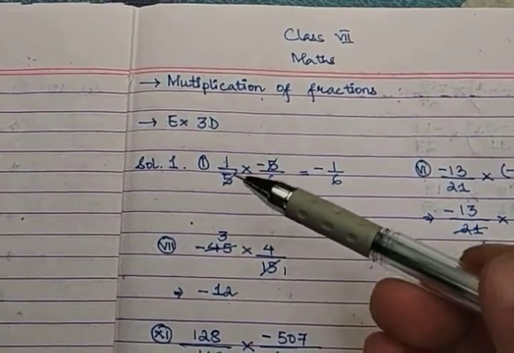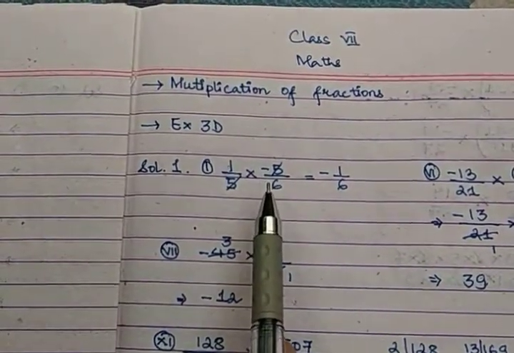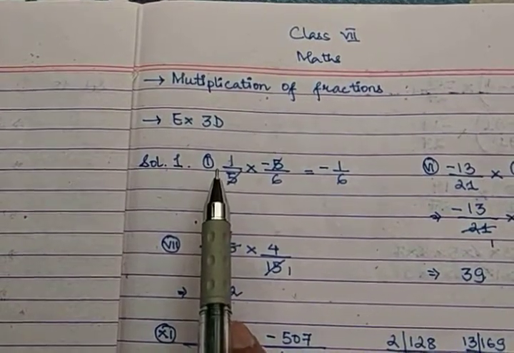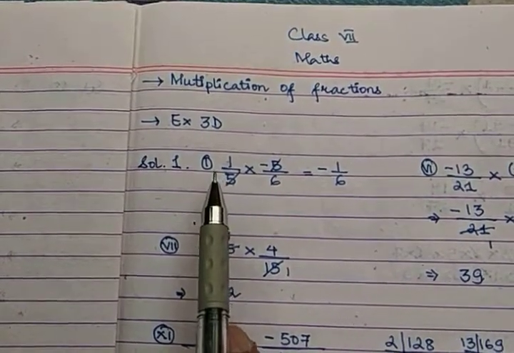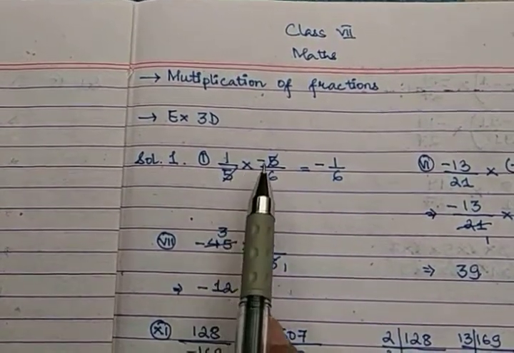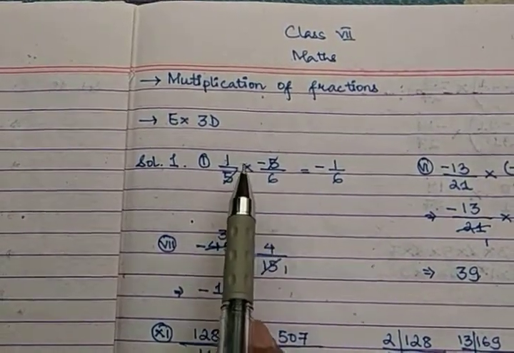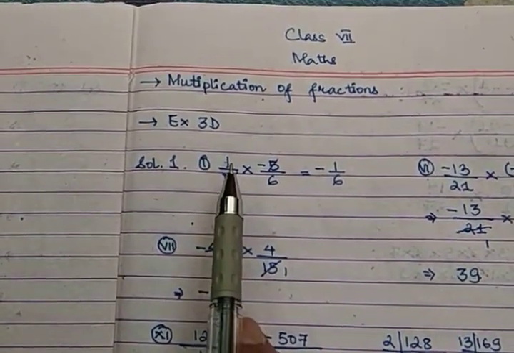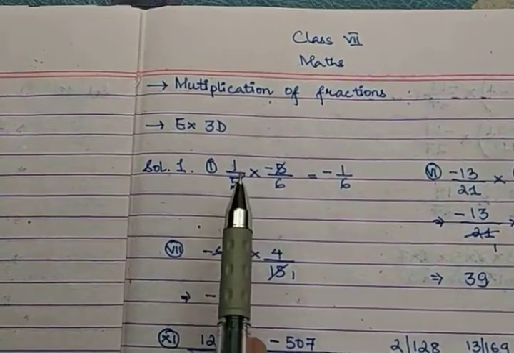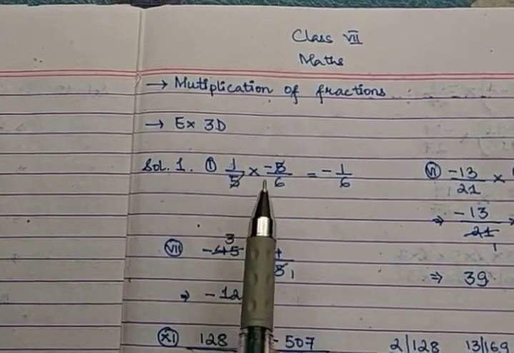As soon as all the cancellation processes are finished, remember we need to multiply the signs. For the first fraction we don't have any sign, and if no sign is there, that means it's a positive integer, isn't it? So plus into minus, it's minus. The multiplication goes numerator into numerator, denominator into denominator, not numerator and denominator.